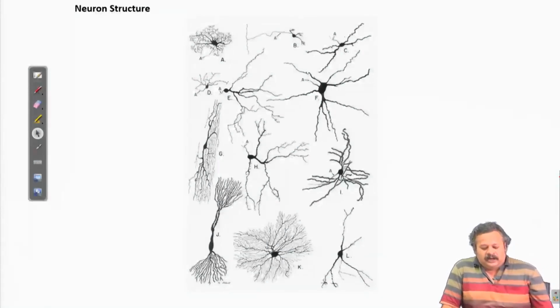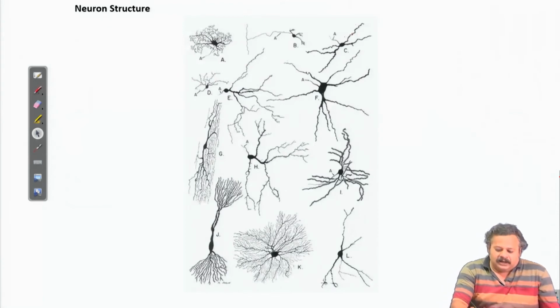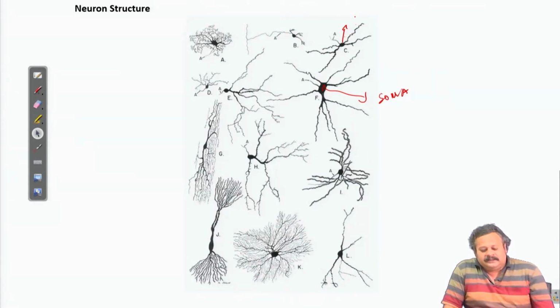So here are a number of examples of the structure of neurons. What we are seeing here, in the center, are cell bodies. So this is the cell soma. In all neurons, there will be a cell soma, and that contains the nucleus, and all the processes involved in maintenance of the cell happen in the soma.